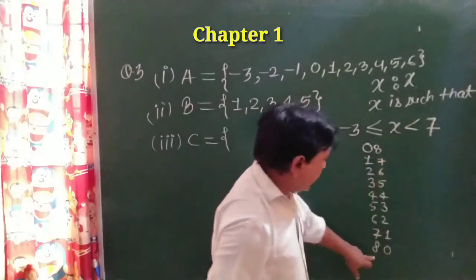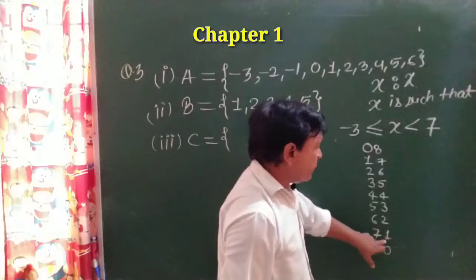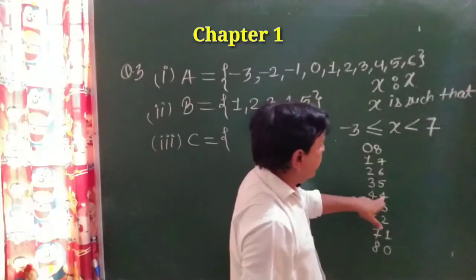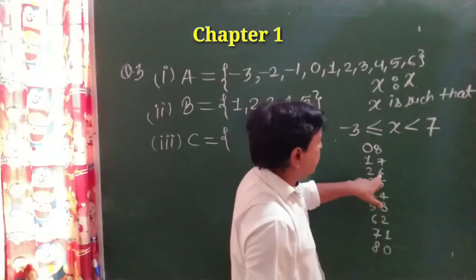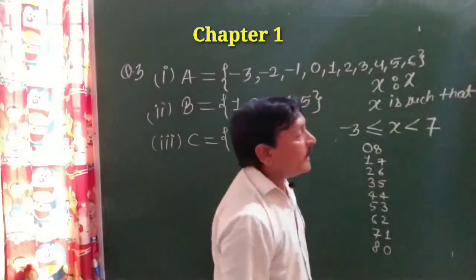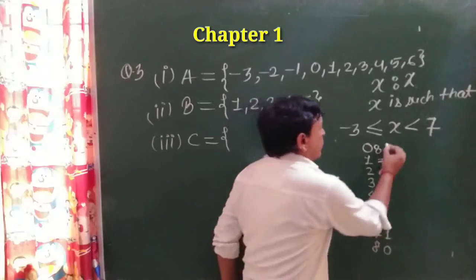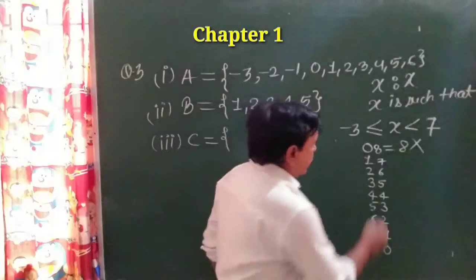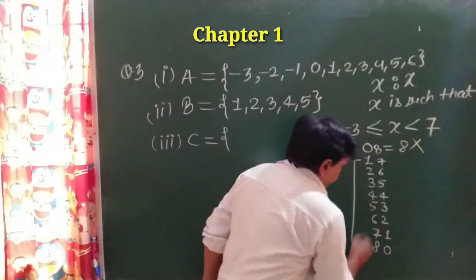Now check: 8 plus 0, 8. 7 plus 1, 8. 6 plus 2, 8. 5 plus 3, 8. 4 plus 4, 8. 3 plus 5, 8. 2 plus 6, 8. 1 plus 7, 8. 0 plus 8 is also 8, but it is not a 2-digit number. 0, 8 means 8, a 1-digit number. So we will take only these other numbers.